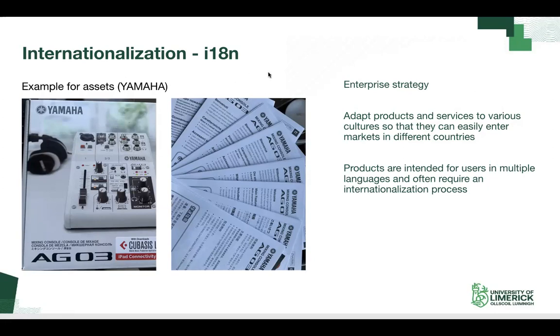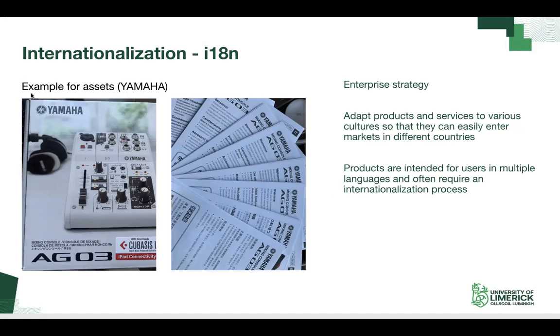Internationalization is a strategy that involves adapting products and services to various cultures as much as possible in order to easily enter markets. It's different in different markets, in different cultures or regions. Internationalization often requires the assistance of subject matter experts.